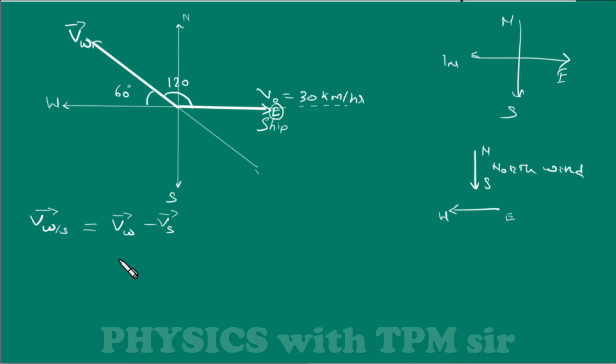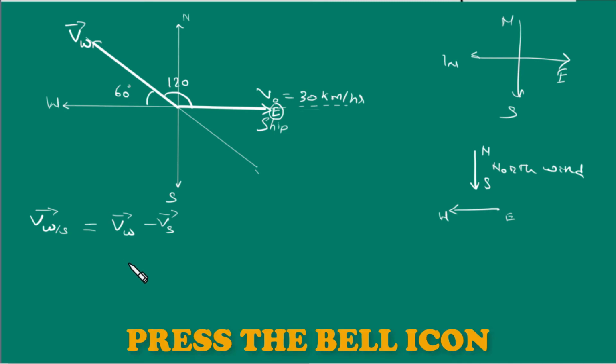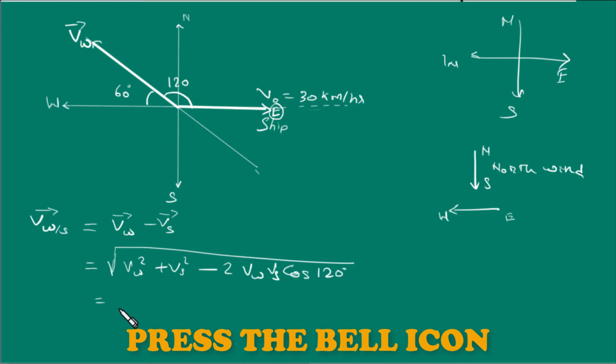So we already know that the magnitude of subtraction of vectors is equal to under root of a square plus b square minus 2ab. When we subtract vectors, we get minus in between. So the formula will be vw square plus vs square minus 2 vw into vs into cos of 120 degree.